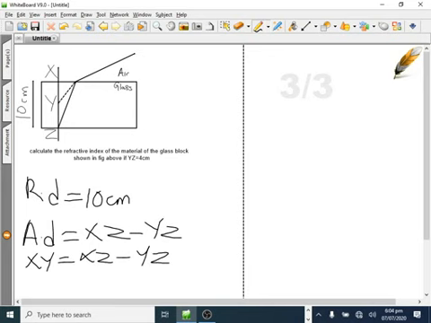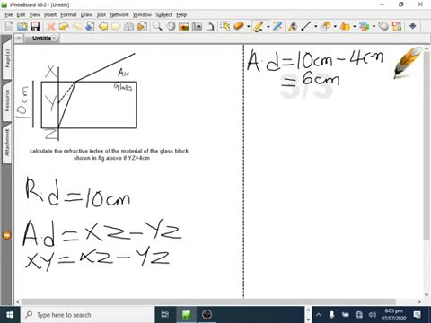Now continue. Our apparent depth is equal to XZ, which is from here to here, which is 10 centimeter, minus YZ, and our YZ according to the question is 4 centimeter. So our apparent depth is 10 minus 4, which is 6 centimeter.